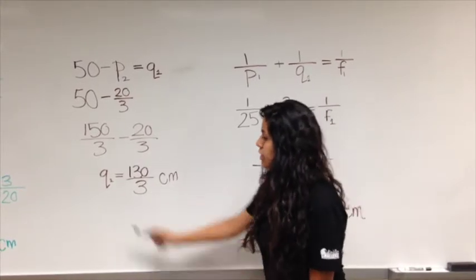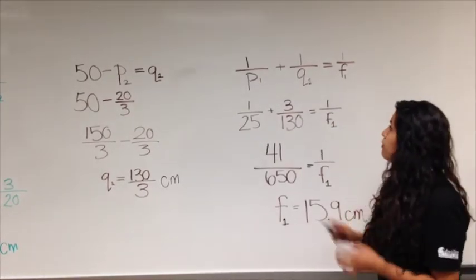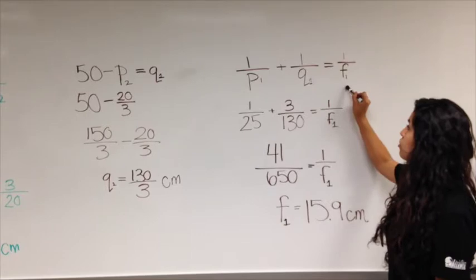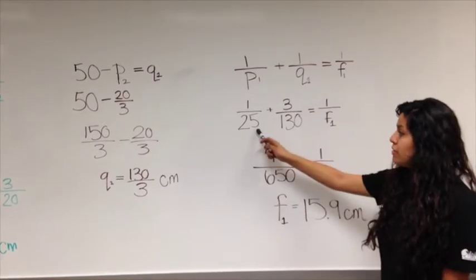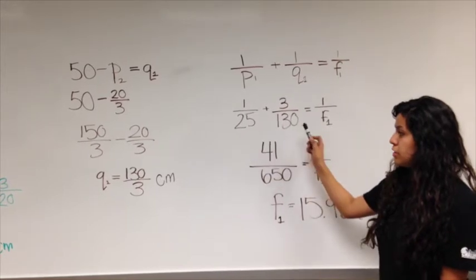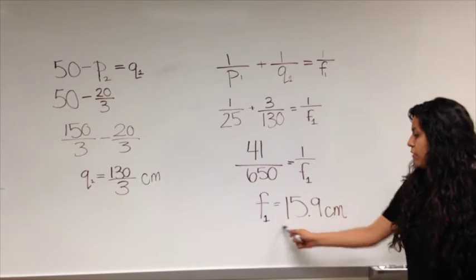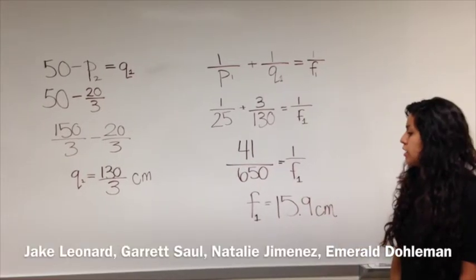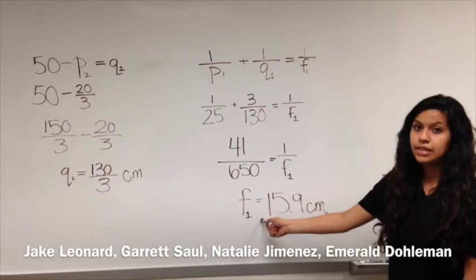And then we plug this into the thin lens equation of lens number 1 to find F1. And we are already given P1, which is 25 centimeters. So then we plug in the reciprocal, we do the math, and we end up with 15.9 centimeters. And this focal length is positive, which indicates the lens is converging.